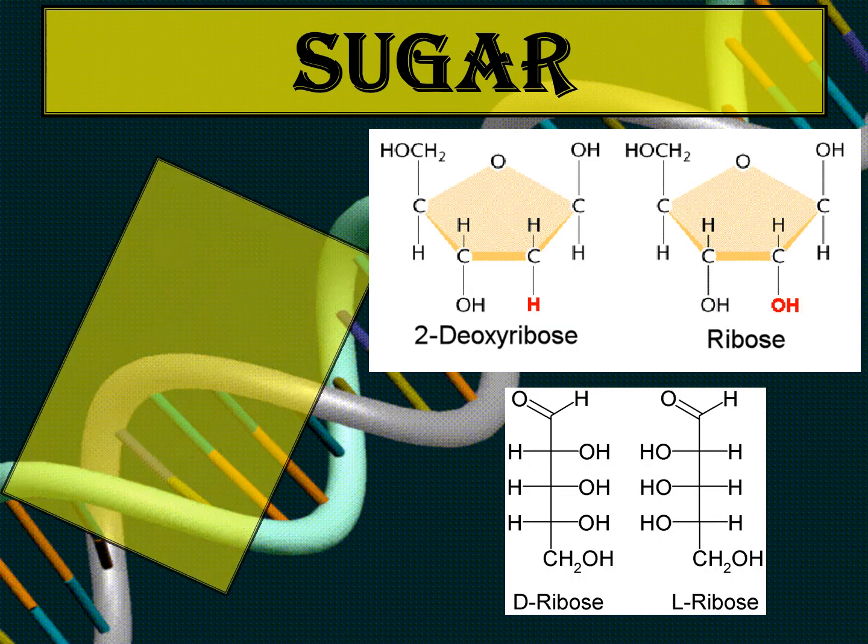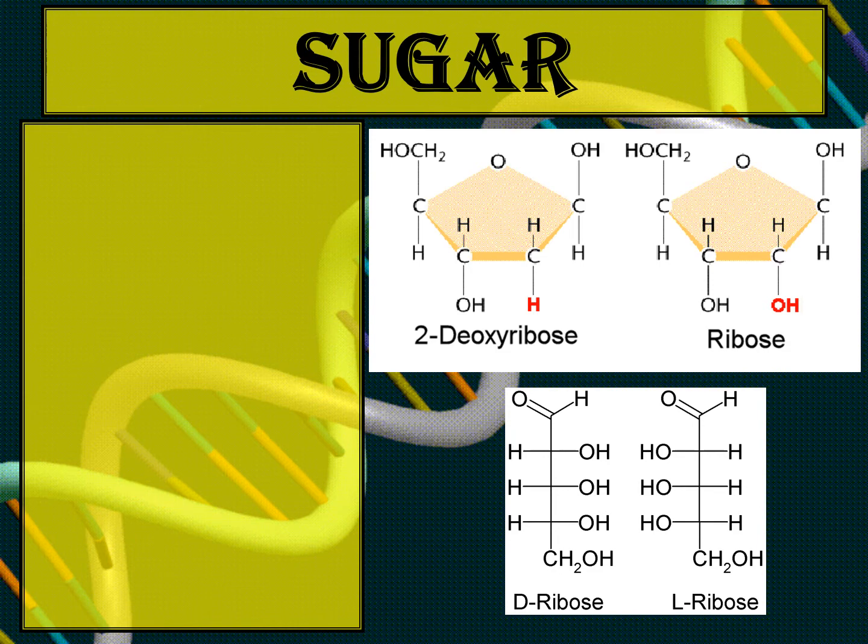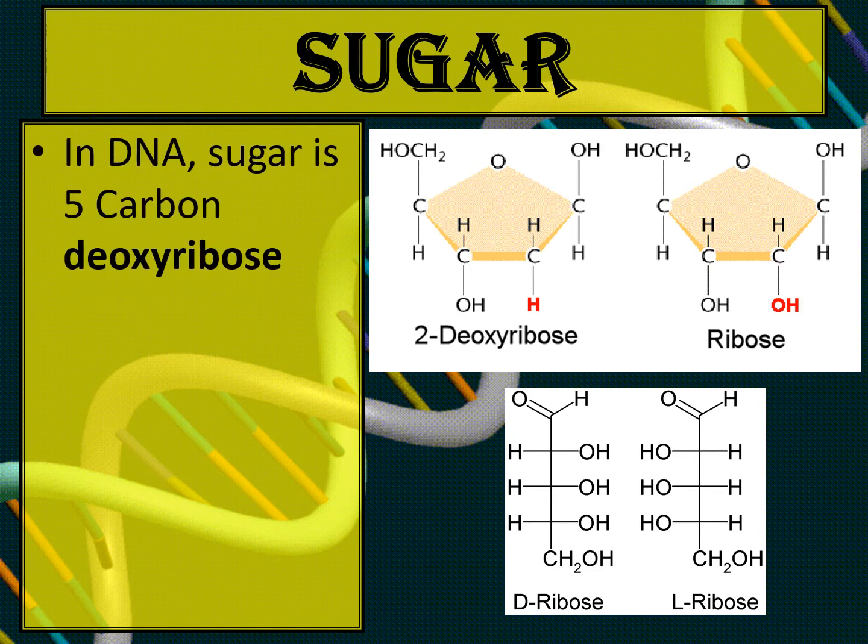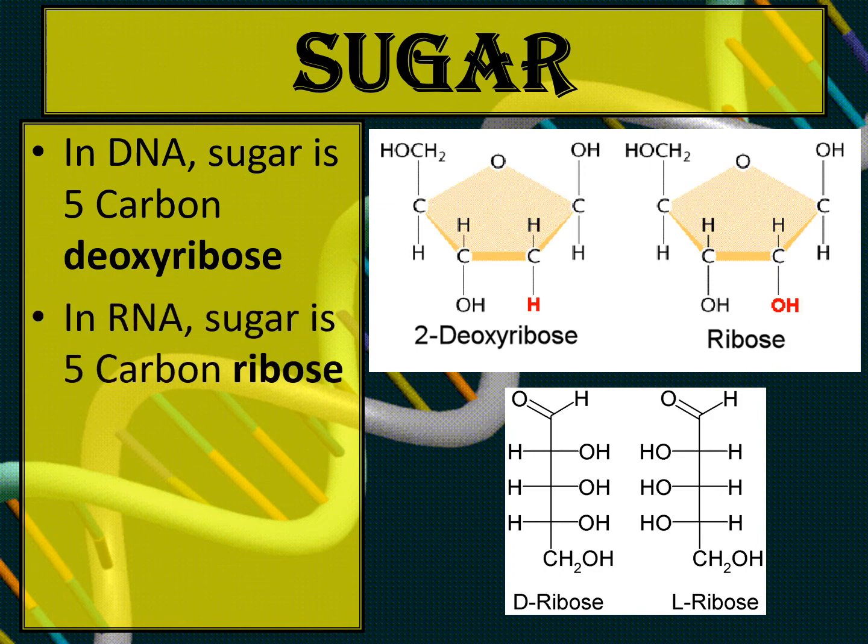The sugar part of the nucleic acid does differ between DNA and RNA. So in DNA, the sugar is still 5 carbons, but the sugar is called deoxyribose. In RNA, the sugar is a 5-carbon sugar, but it is called ribose.